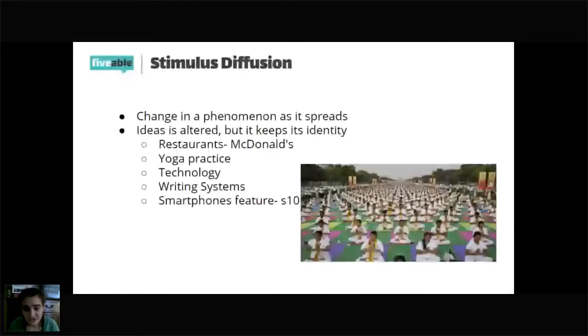Well, trends always change. I would say no, because trends are known for changing over time. There's nothing that's kept. If you think of a specific trend, yes, but a generalization of trends changing is not an example of stimulus diffusion, because they're not keeping their identity. If you think of specific trends, I would say yes, it works, but in that kind of generalization, no, it does not.